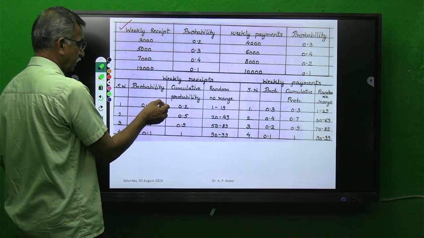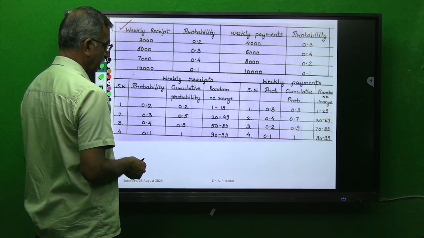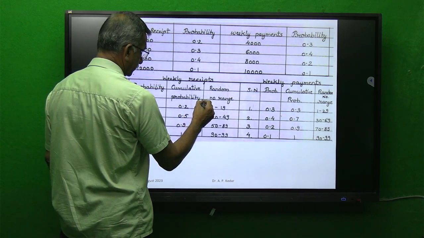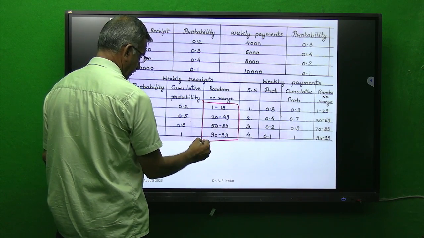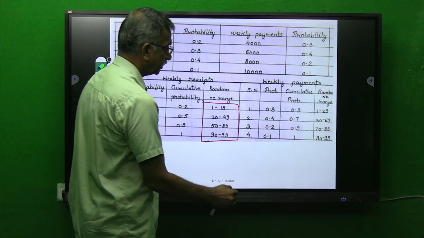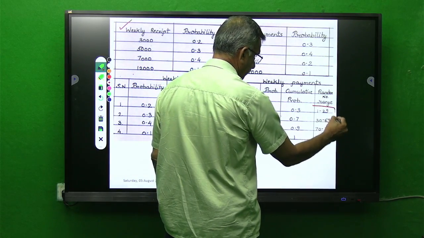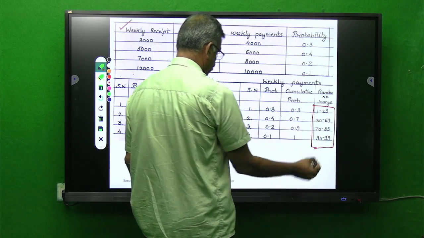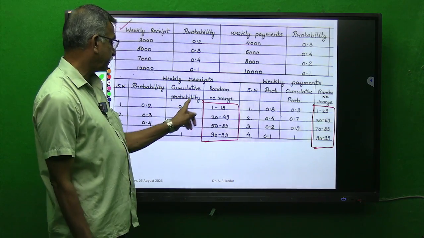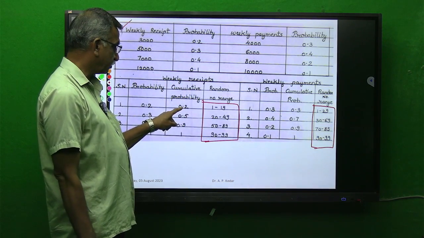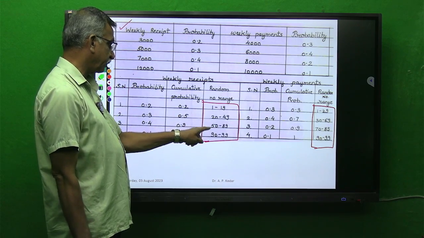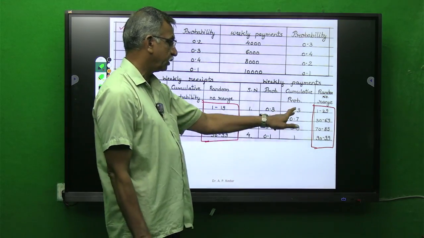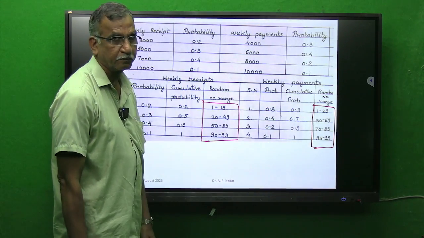Based on this data, as discussed in previous slide, we have calculated this particular range. So the range states 0 to 19, because it is maximum 20, so one number prior to that, 0 to 19, like that. Here 30, 0 to 29, like that.